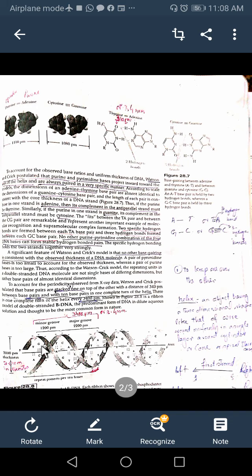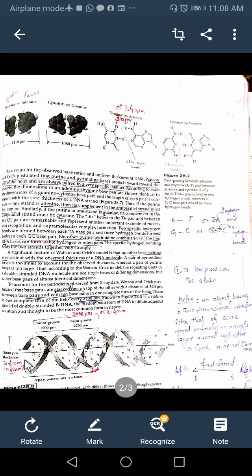Second important characteristic is that 10 base pairs are present in one complete turn of the helix. 10 base pairs are present.